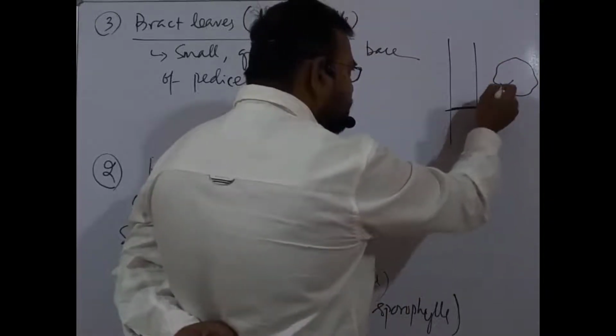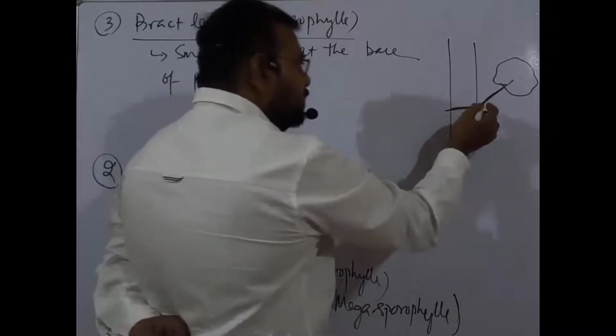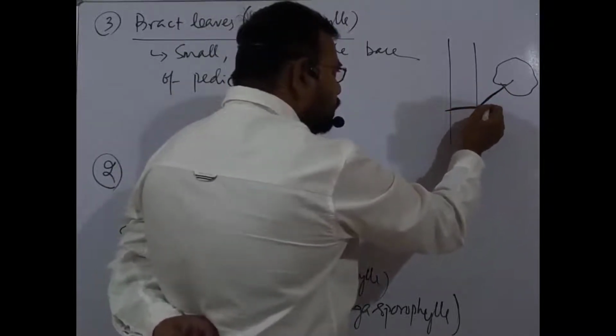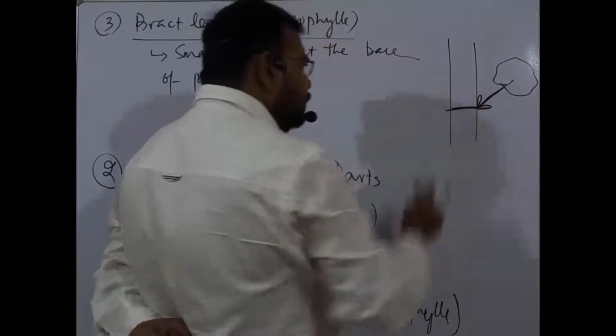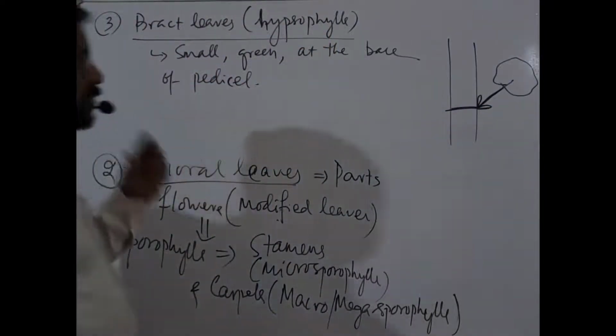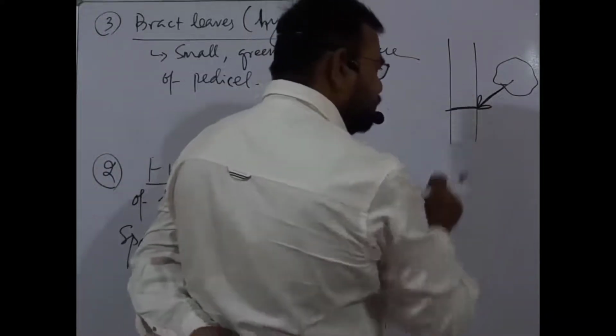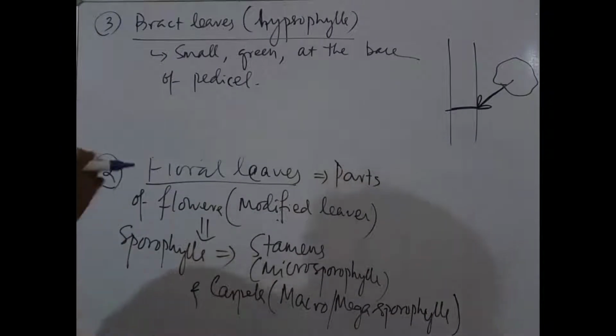This one is known as the pedicel. At the base there are small green colored structures found, which are known as bract or bract leaves, or also called hypsophylls.